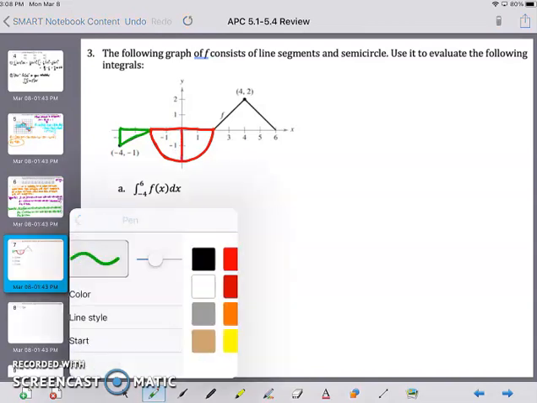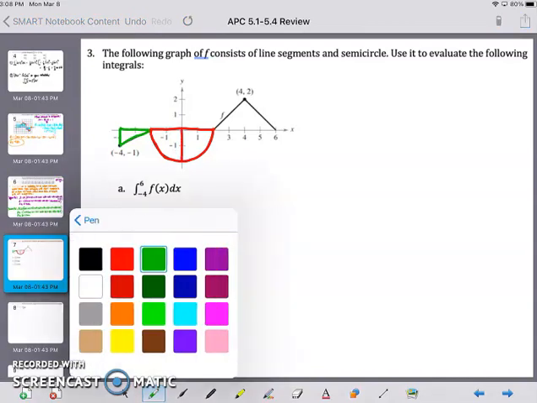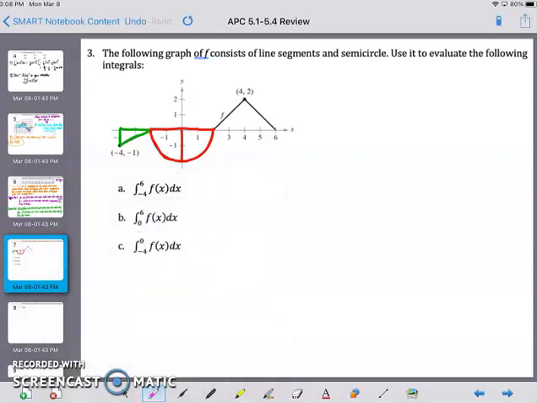And then I have a triangle that exists from 2 to 6 along the x-axis, and that has a height there of 2.